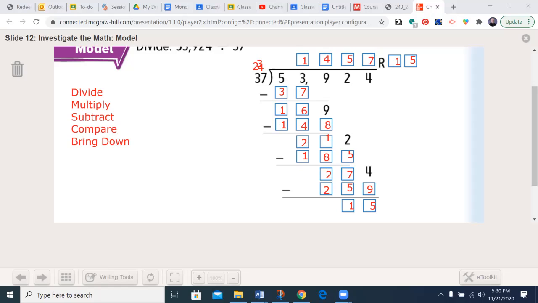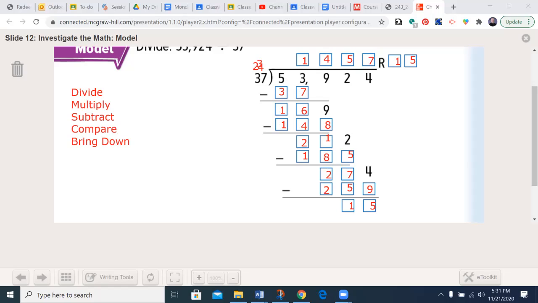So the key out of this part of the presentation is just remember to follow your steps and break it down into chunks. We're not worried about how big the number is. It just tells us how many times we're going to have to run through the divide, multiply, subtract, and compare and bring down. Everything else is the same.